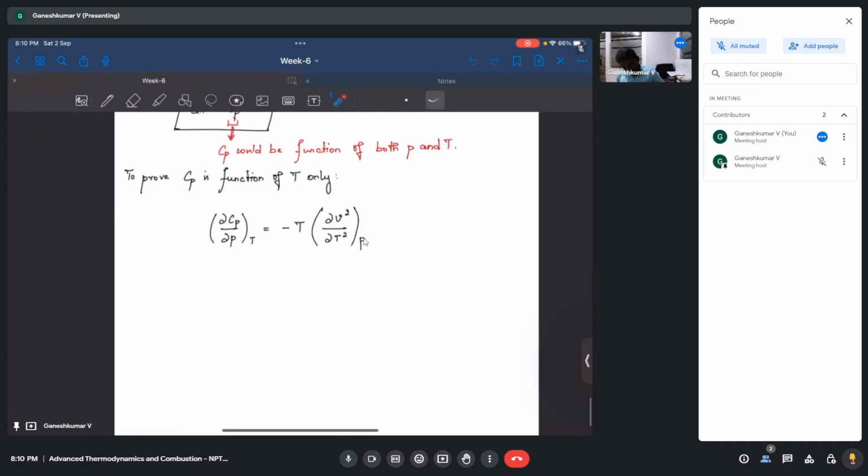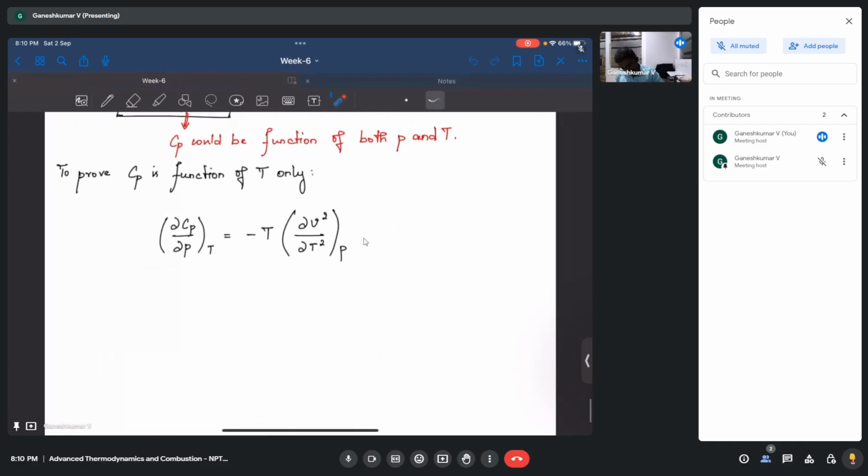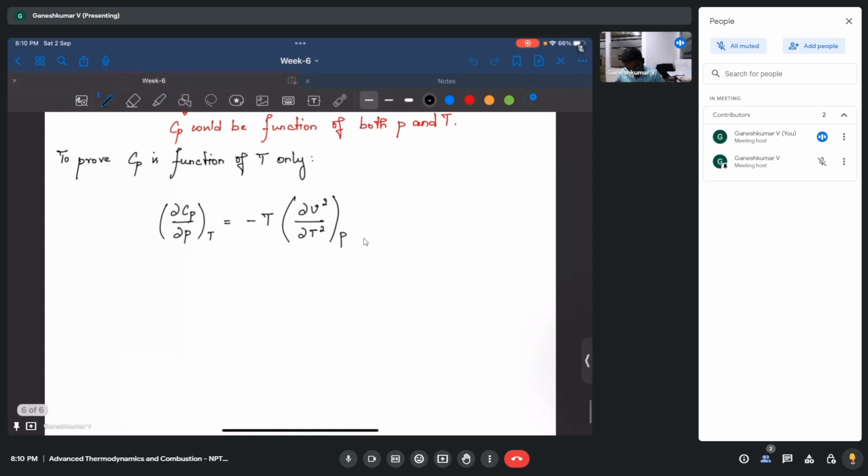So if we prove that dou Cp by dou P is equal to 0, then Cp is not a function of pressure.